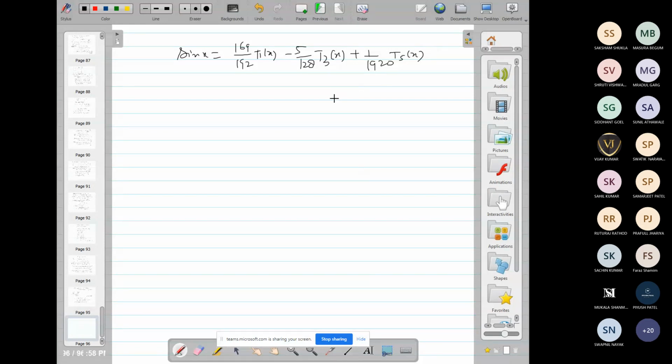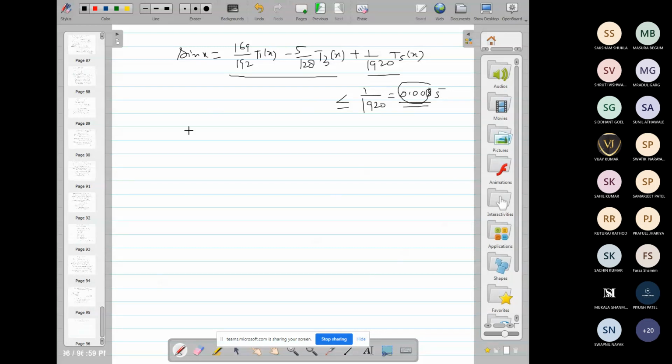If suppose we consider only these two terms, then maximum error will be less or equal to 1/1920. This is equal to 0.00052, होगा, 0.0005. The maximum error will be less or equal to this. So our result will be correct up to 3 decimal place.